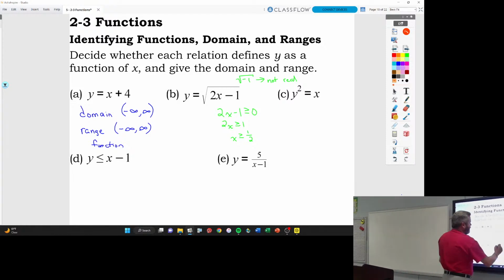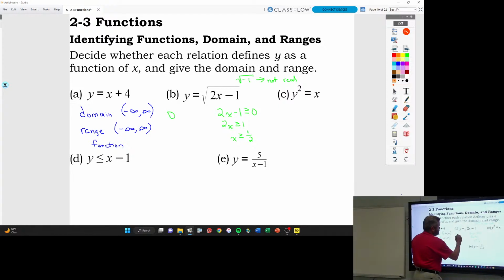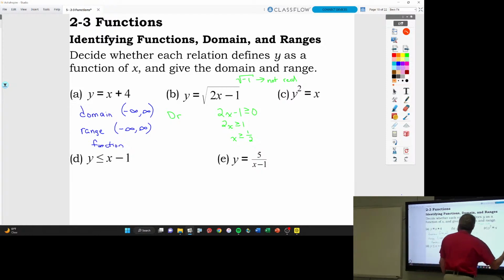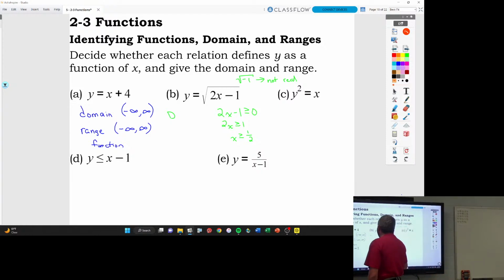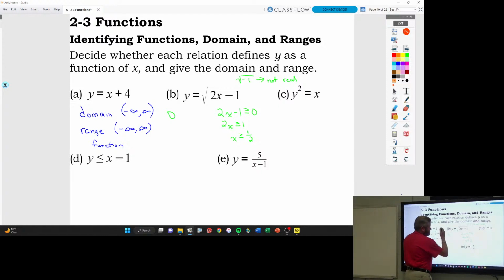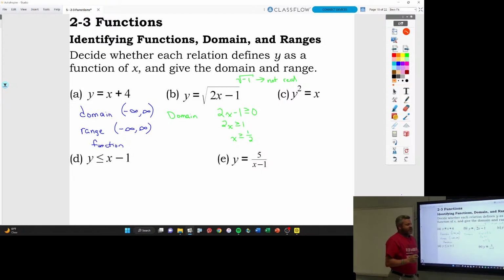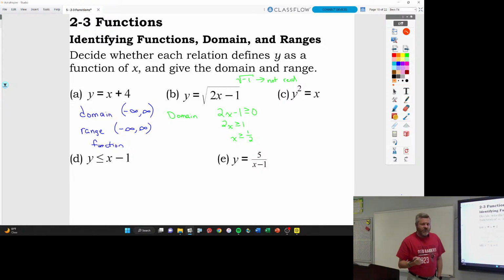So the domain, and I'm sorry I switched to green. In the past I've been using green to represent range, but this will separate problem A from B. There you go. So the domain. The smallest possible x value is 1/2.